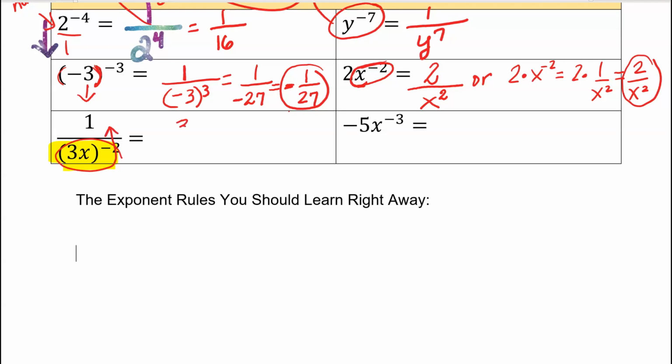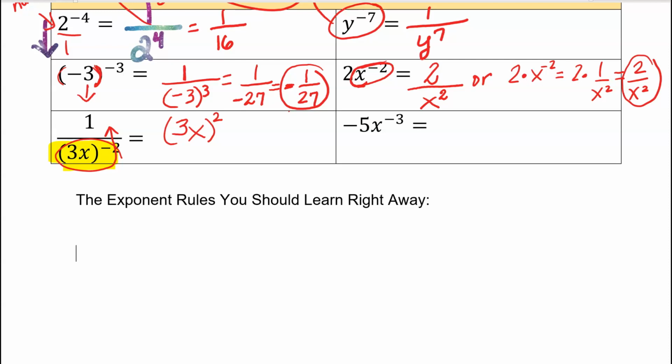So it becomes 3x to the positive 2 is now in the numerator. Now, yes, it is understood that there's a 1 in the denominator, but there's no need to write that 1 in this particular case because it's understood to be there. Any number is always understood to be divided by 1.